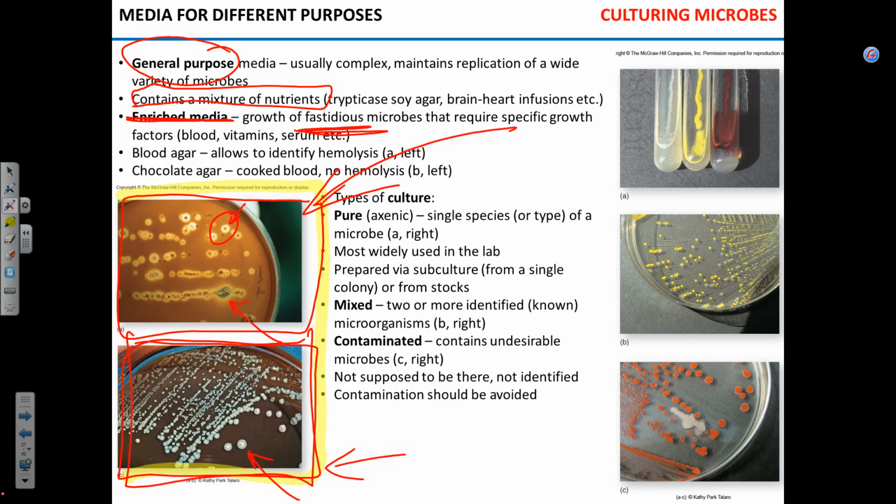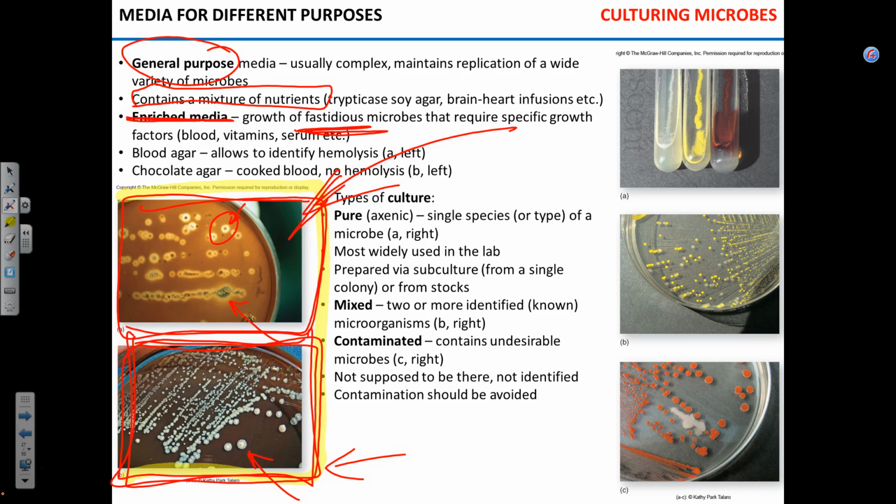And before we go any further, think about, okay, let's take TSA, the one that you used, the agar plates, used just now, the blood agar right here, and the chocolate agar. Chocolate agar and blood agar has something in common, and TSA doesn't have it.